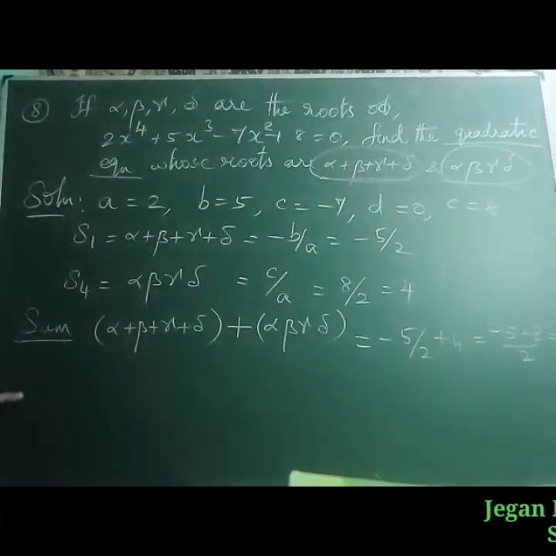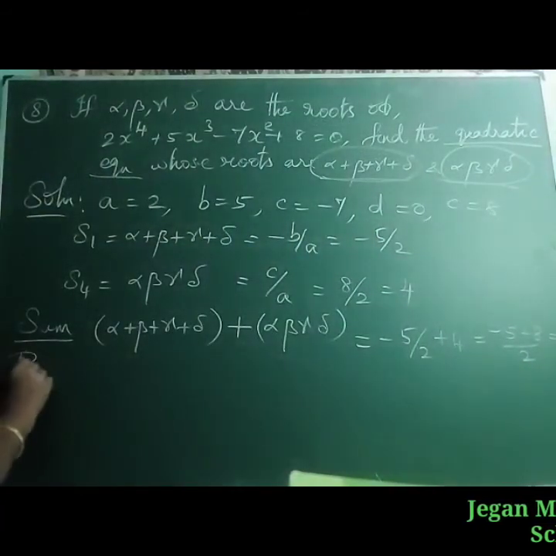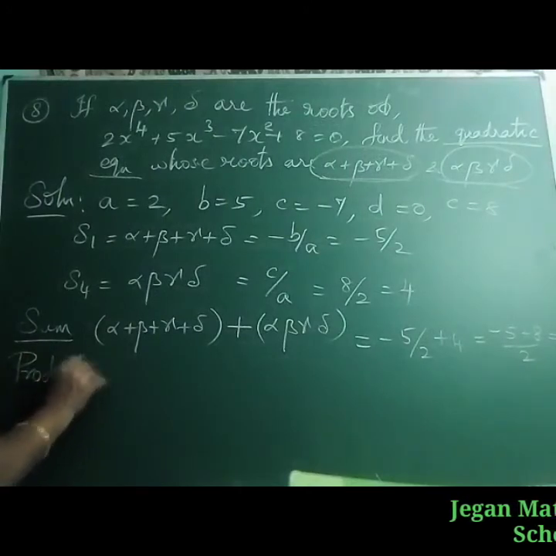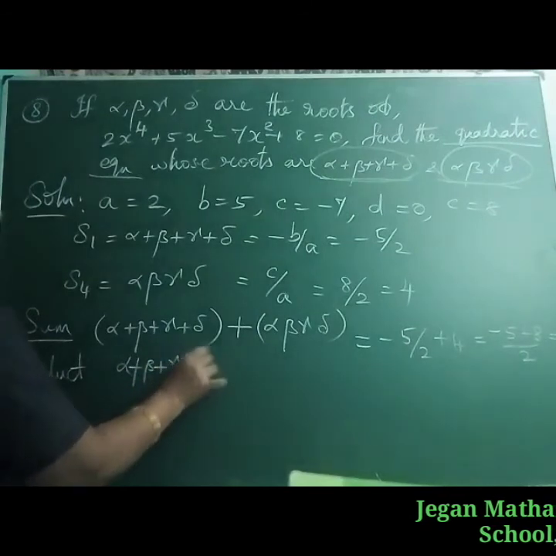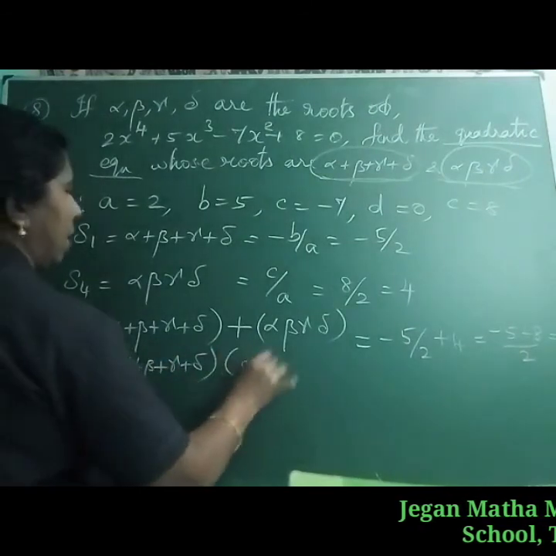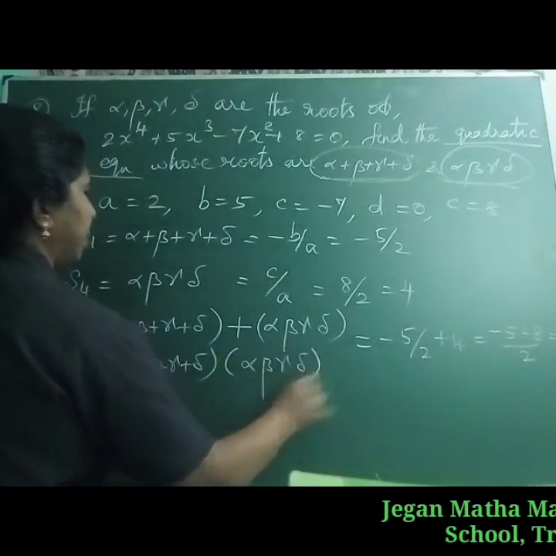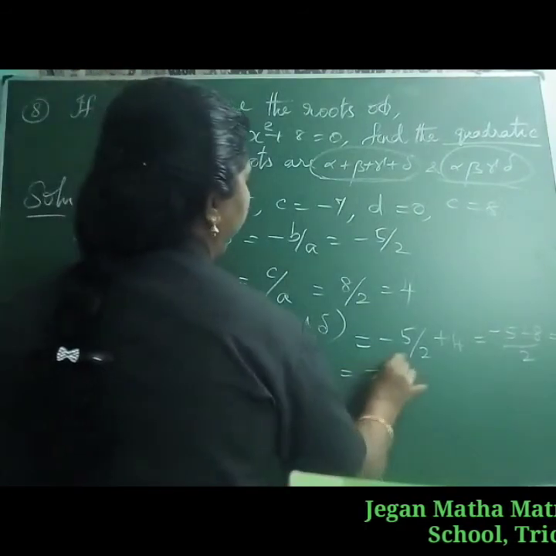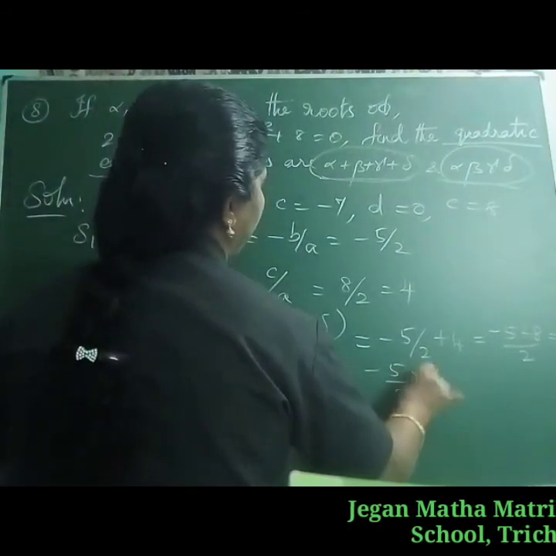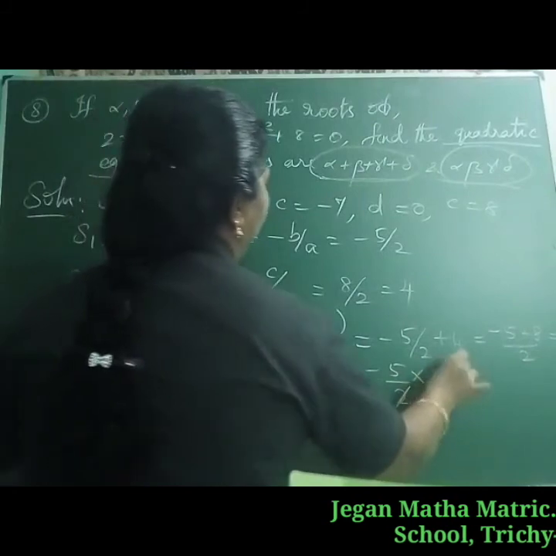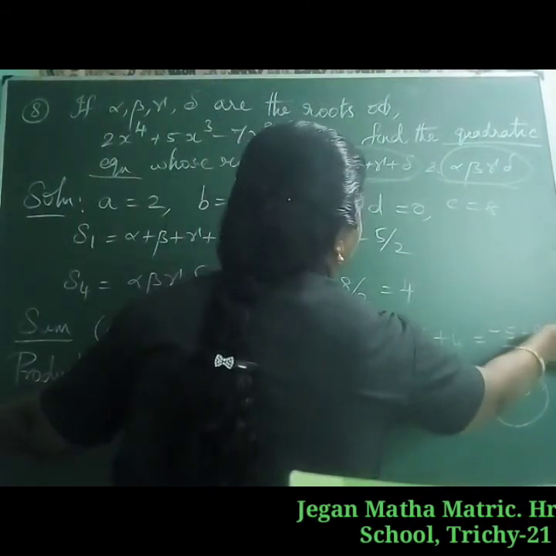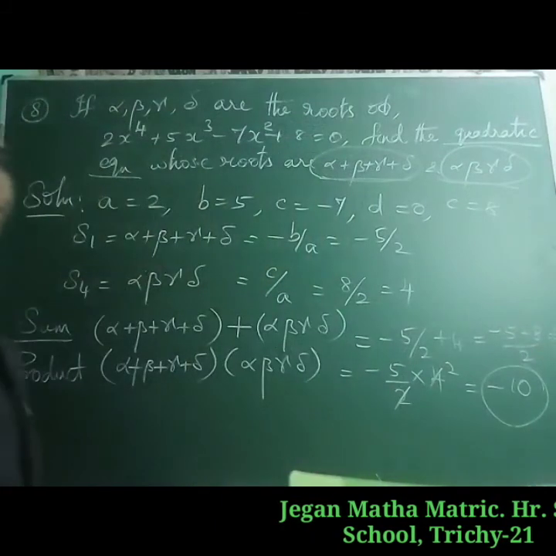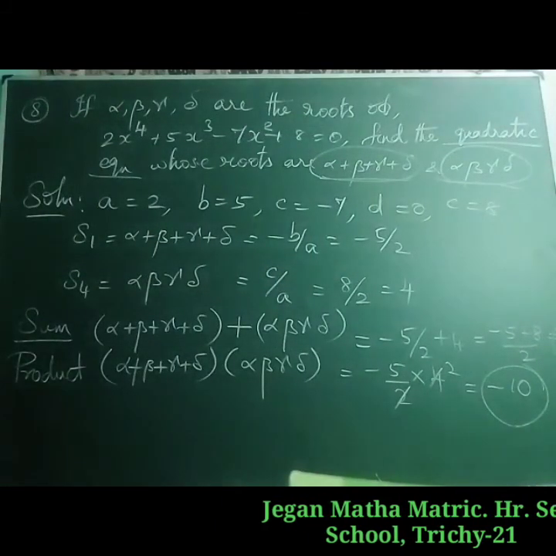This is the sum of the roots. Then product of the roots: alpha plus beta plus gamma plus delta into alpha, beta, gamma, delta, so minus 5 by 2 into 4. So here we are getting minus 10. So the sum of the roots is 3 by 2 and the product of the roots is minus 10.